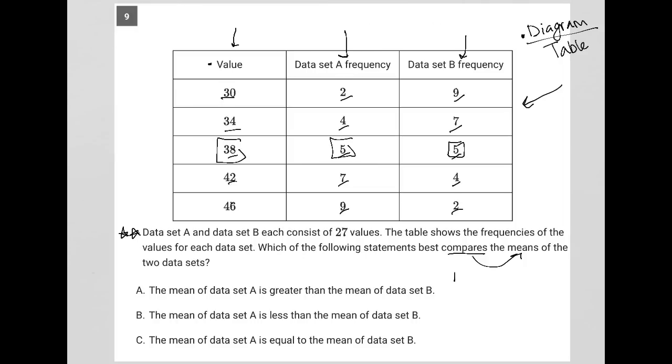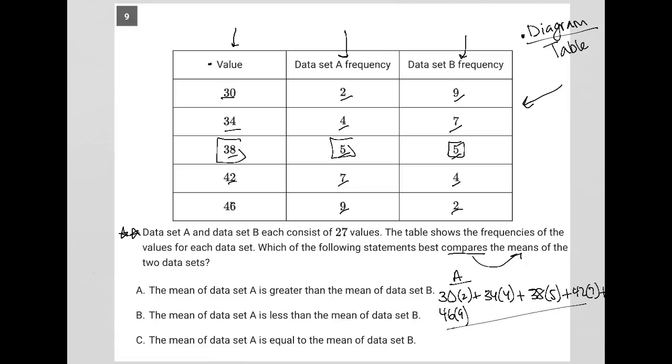So for instance, for data set A, I can calculate the mean by multiplying each of the values by their frequency, right? So there's 2 30s plus 4 34s plus 5 38s plus 7 42s plus 46 times 9.